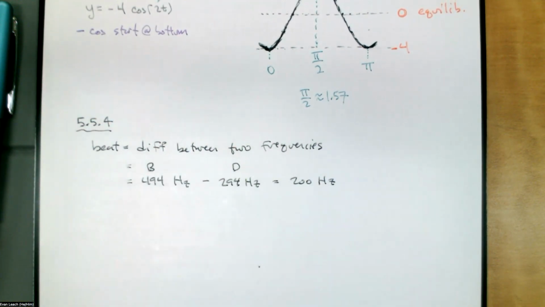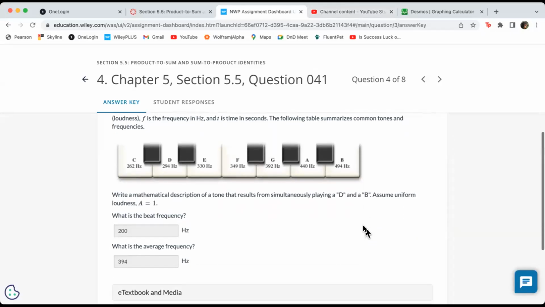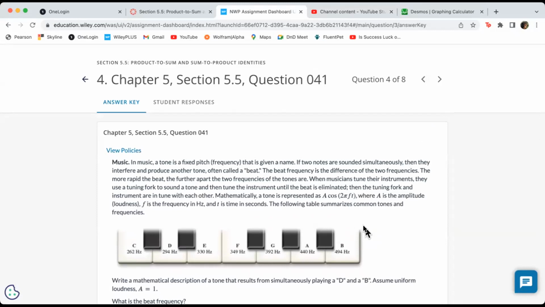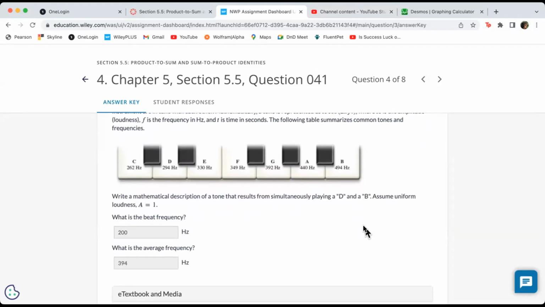Let's grab the other questions. The average frequency, did they even talk about average frequency? They never talk about average frequency. Now, they asked for the average frequency. So the average frequency is just half of the sum. So we just add them together and then divide by 2.